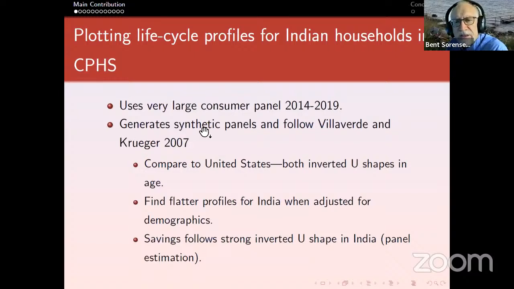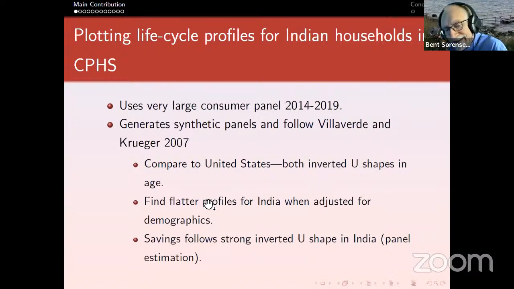Anyway, what the paper does is generate synthetic panels, very much following Bairoliya and Kruger's paper from 2007. It's just a fact that we all have to live with, that the US is so dominant in economic research that we're more or less forced to compare to the United States. And as the authors show, consumption both in the US and in India shows a very clear inverted U-shape.